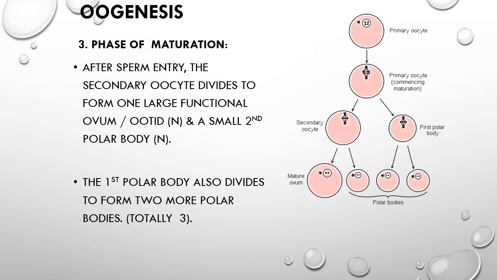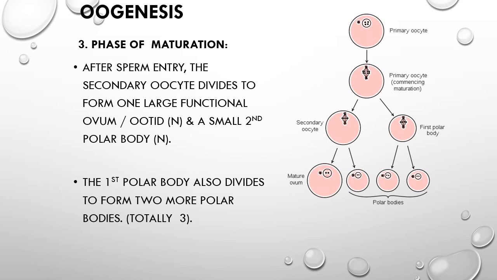And finally, in meiosis 2, the secondary oocyte will again divide into a large structure called the ovum, or it is also called the ootid, and a small structure called the second polar body.